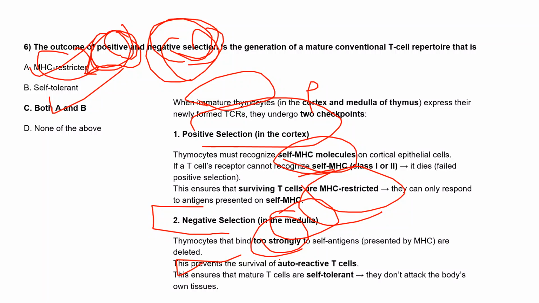If it binds strongly, it will activate the immune system and react against our body, but we don't want that. We want self tolerance, so they will not attack our body tissues. We have to ensure they undergo negative selection, which prevents the survival of autoreactive T cells that would react with our own self antigens.